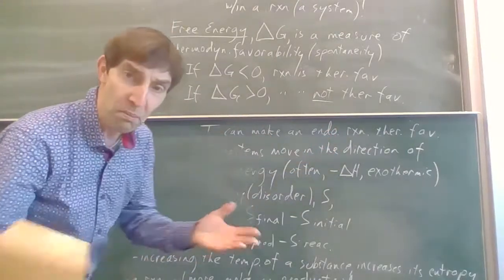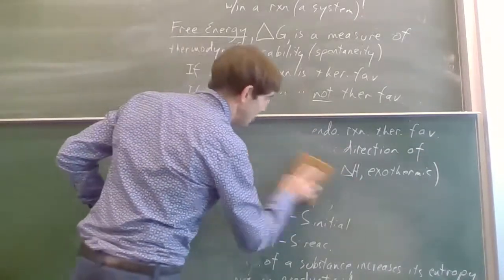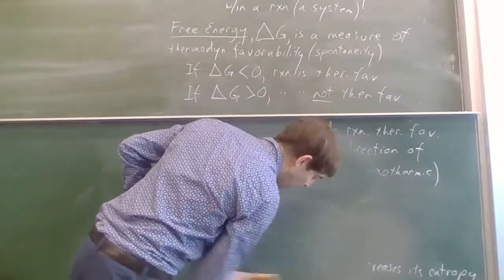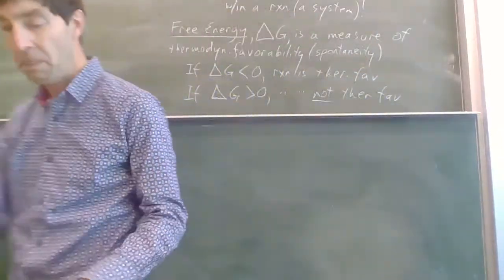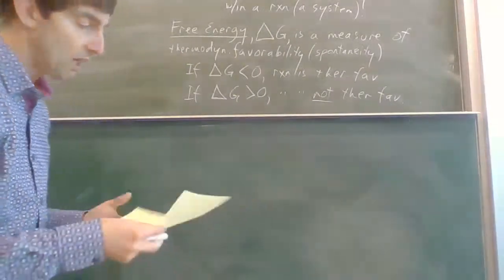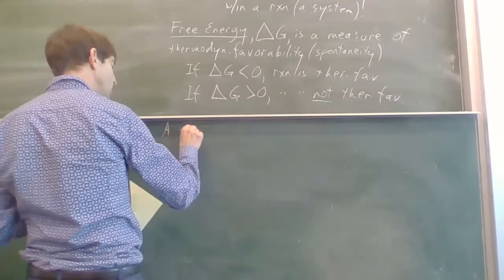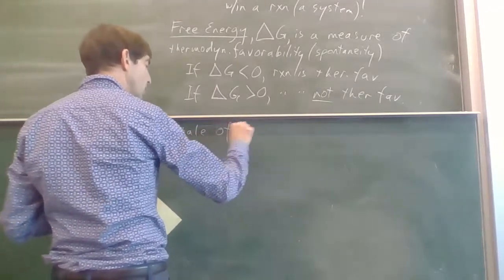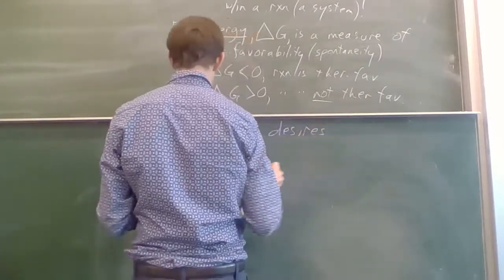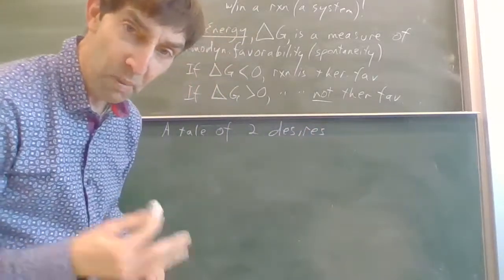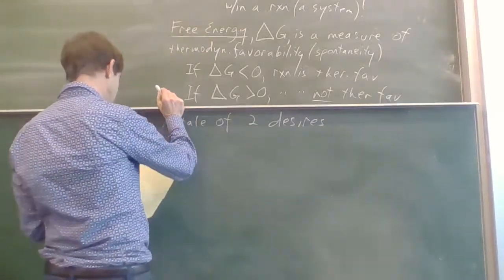And it does it with a beautiful equation, which we're all going to put under our pillow and memorize, but you will because you'll use it so often. It's super useful. Essentially, it's a tale of two desires. You've read A Tale of Two Cities by Chuck Dickens? I hope so. Good book. This is A Tale of Two Desires.